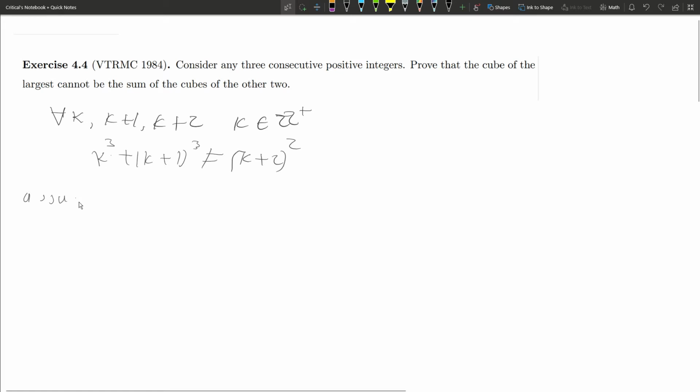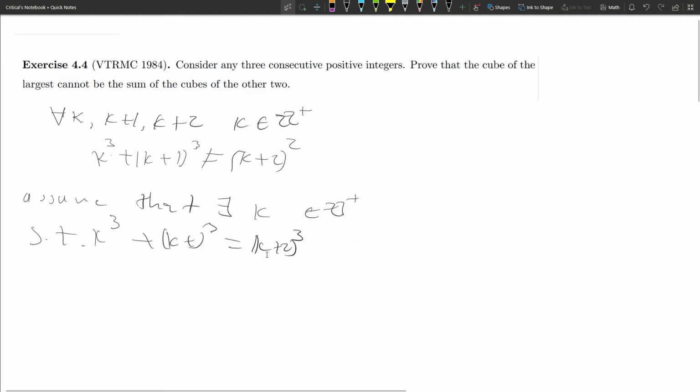Assume that there exists a positive integer k such that k cubed plus (k plus 1) cubed equals (k plus 2) cubed.